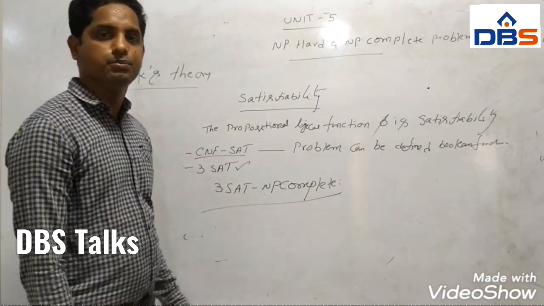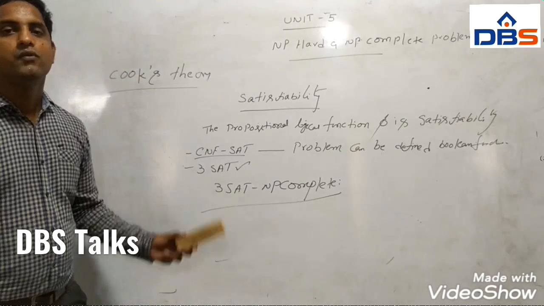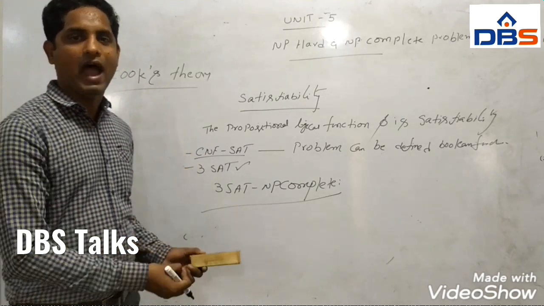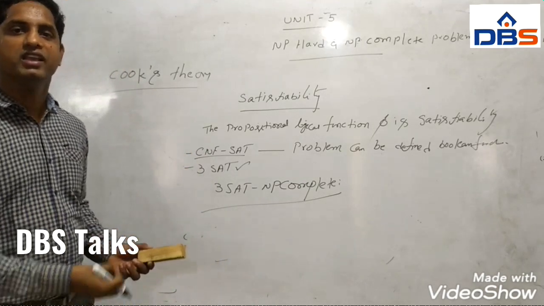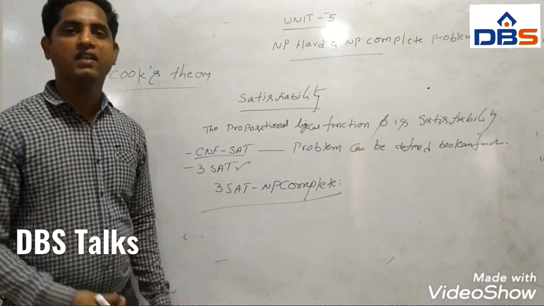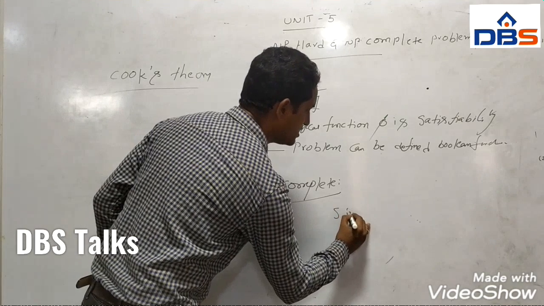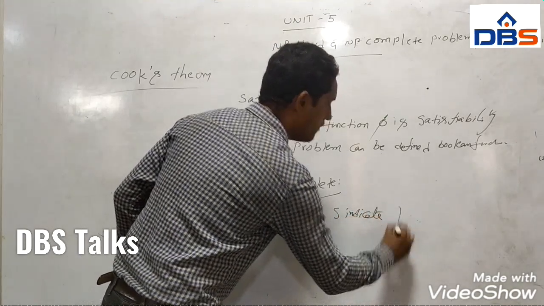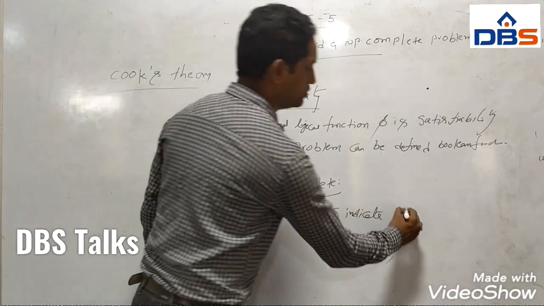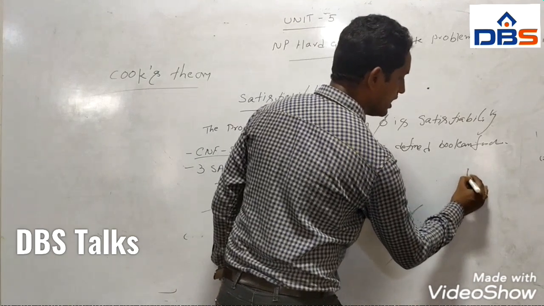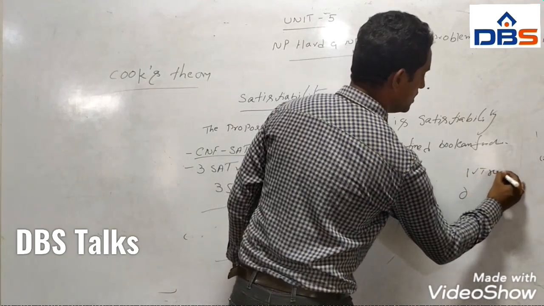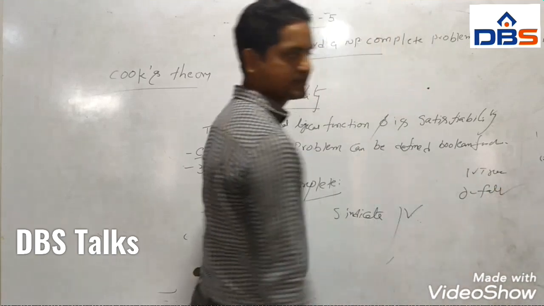Here we can construct a simple non-deterministic algorithm. We can guess different values for each variable and each and every clause. Then we get the particular Boolean formula to indicate 1, that is true. In a Boolean formula there are 2 values, 1 and 0. 1 is true, 0 is false.